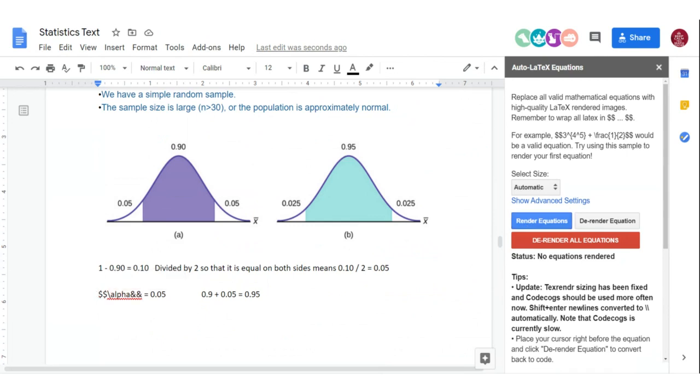Oh, let me see what I got. Wrong symbol in there. Supposed to be the dollar sign on both ends.